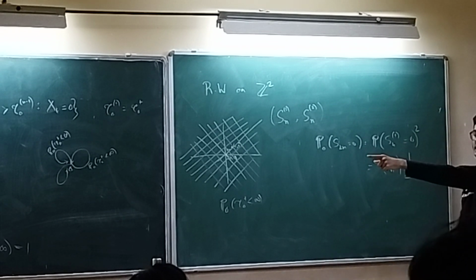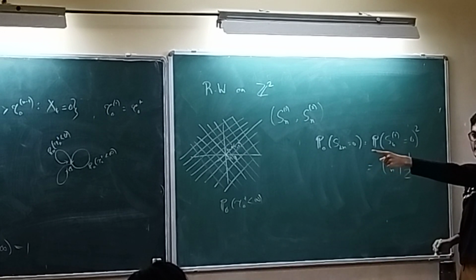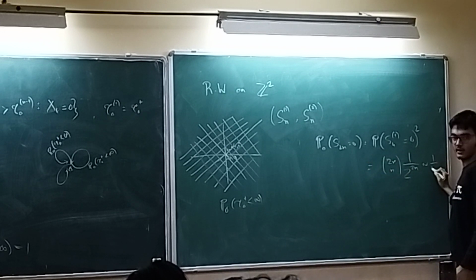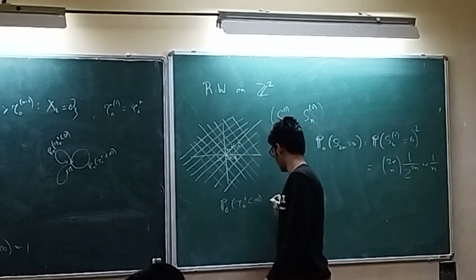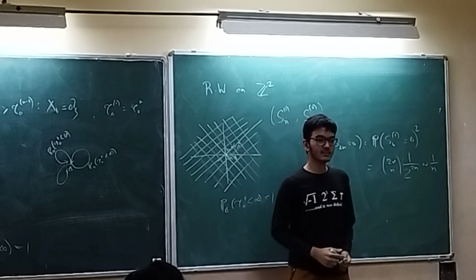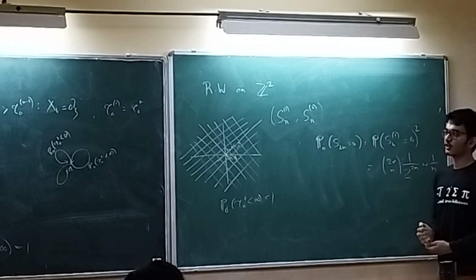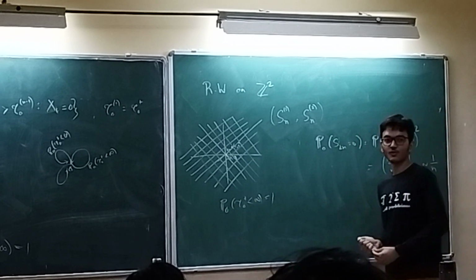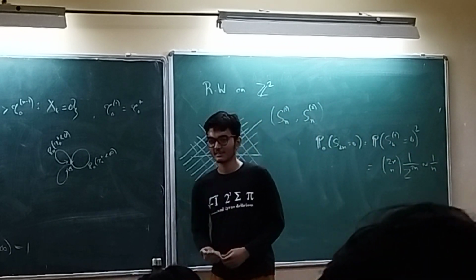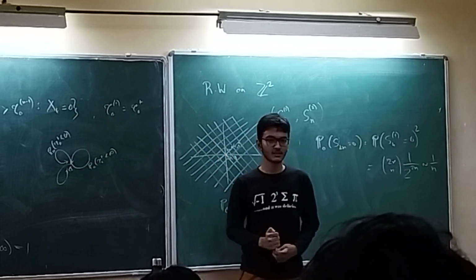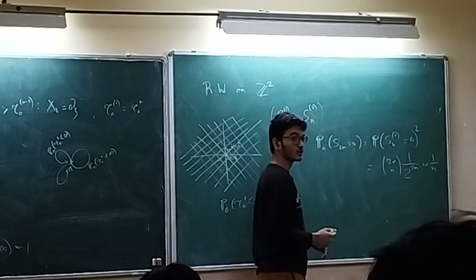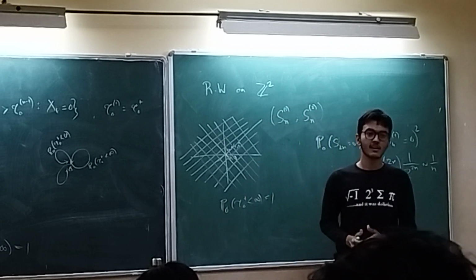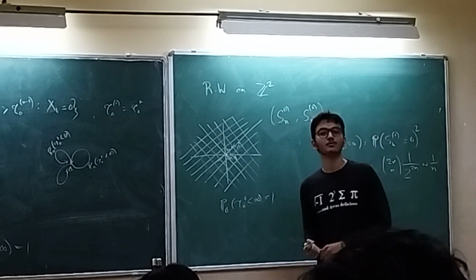That one was approximately 1 by root of pi n. So this will be approximately 1 by pi n. Again the series will be divergent, and hence the return probability will be 1. Now you might have a feeling that this same thing will continue to hold in Z3 and Z4 and so on. Unfortunately that is not the case. In fact, for Z3 and for higher dimensions, the probability to return to 0 is less than 1.